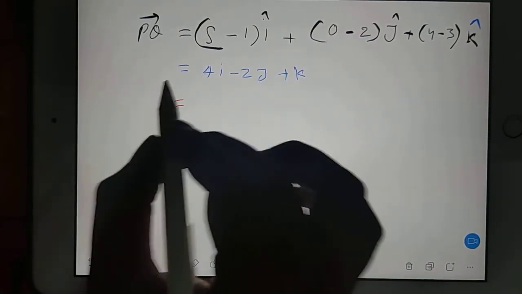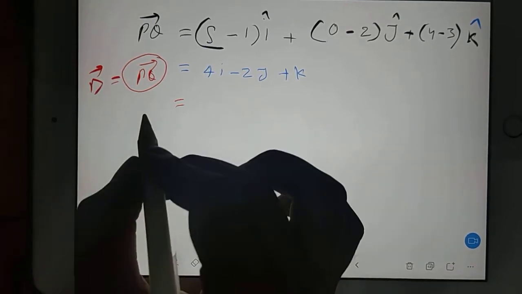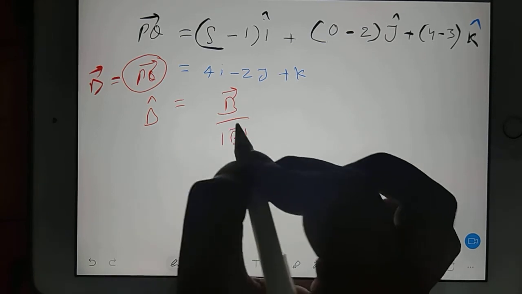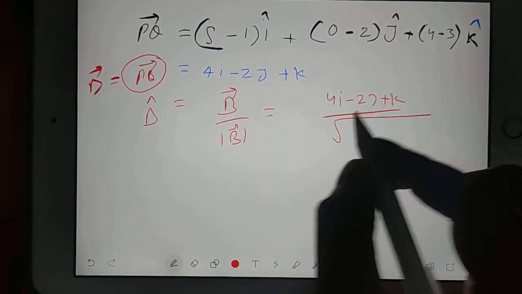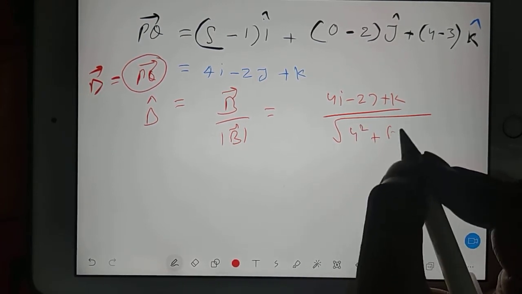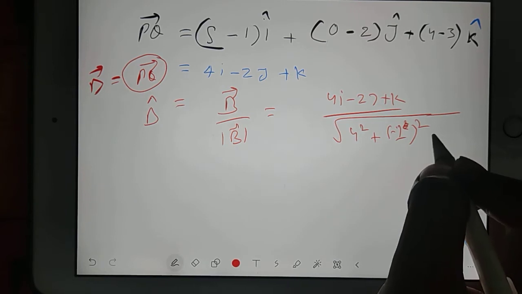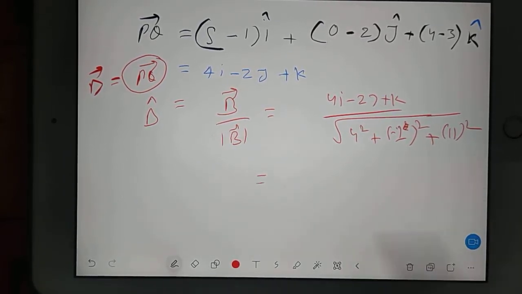Then you got your PQ vector properly. This PQ vector I am considering as vector B. So if I go for B cap, this is nothing but vector B divided by the value of the vector, that is 4i minus 2j plus k divided by under root 4 squared plus (minus 2) squared plus 1 squared. Something will come here.